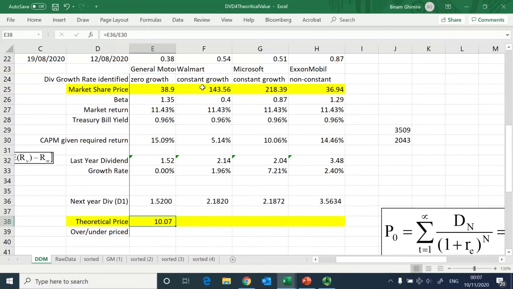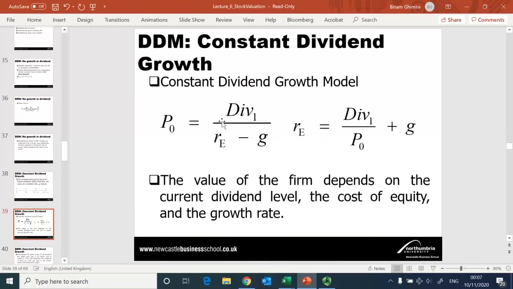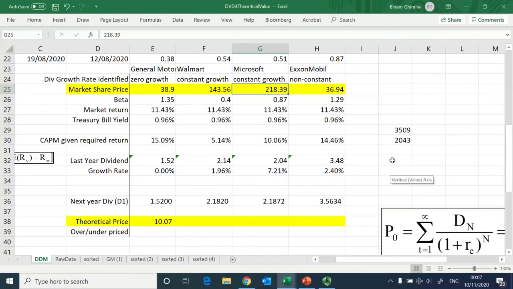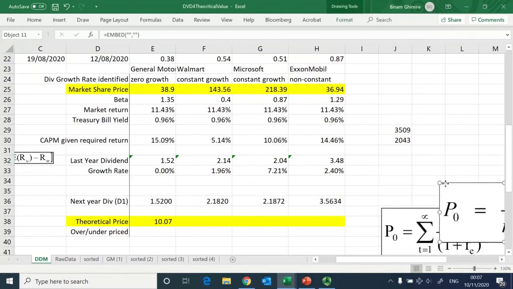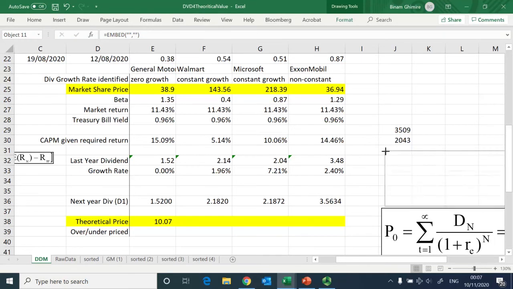Now we need to find the share price for Walmart and Microsoft. Now Walmart and Microsoft have constant growth in dividend, and for that the formula is this one here. So I'm going to put it on top, which is this. Let me minimize it so that it fits here a little bit more.